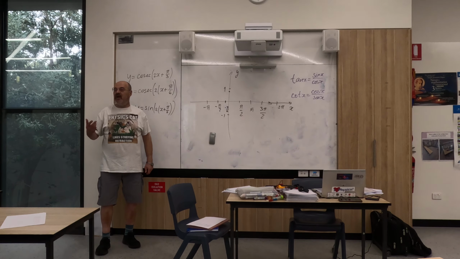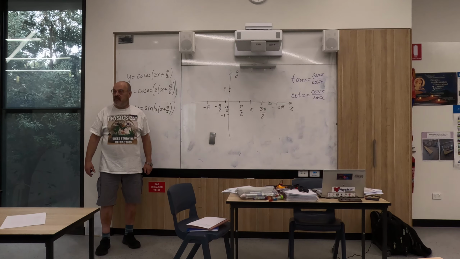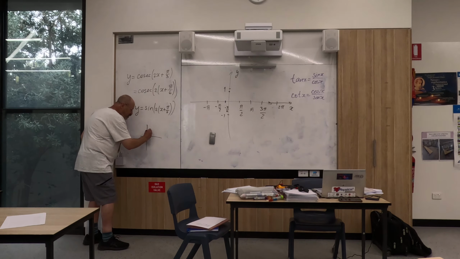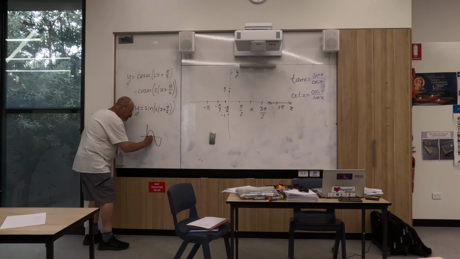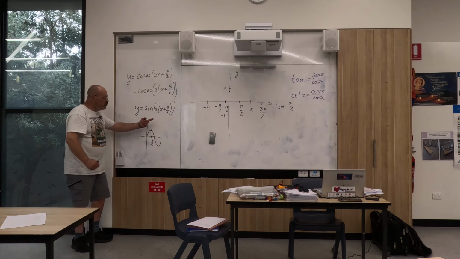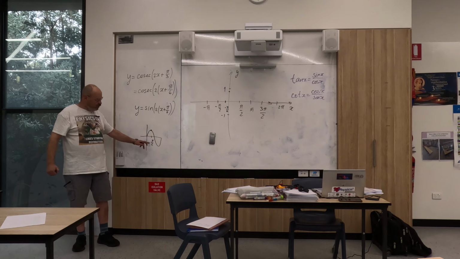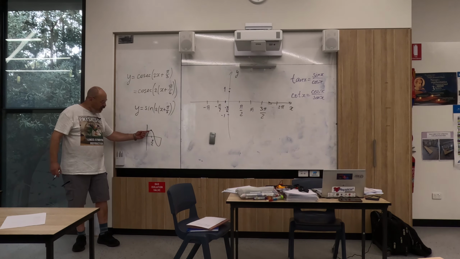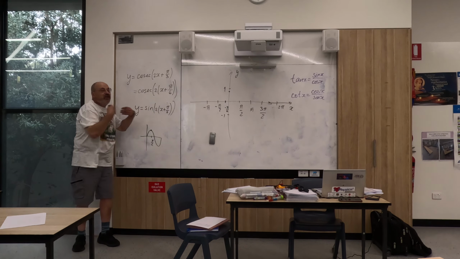This is the normal sine graph, with the maximum at pi on 2. Now, with the transformation, when we move pi on 6 to the left, where will the maximum be? We were at pi on 2, now we move pi on 6 to the left.